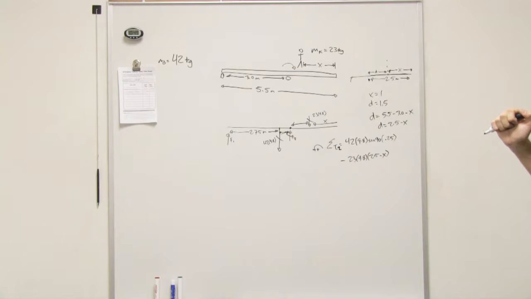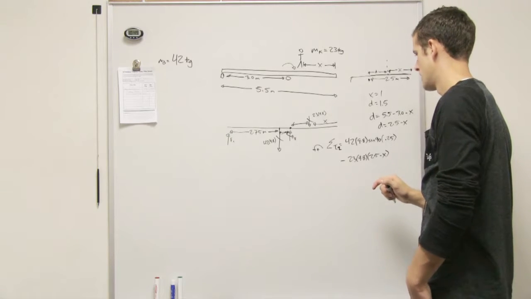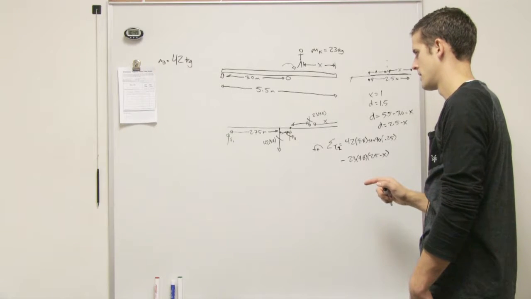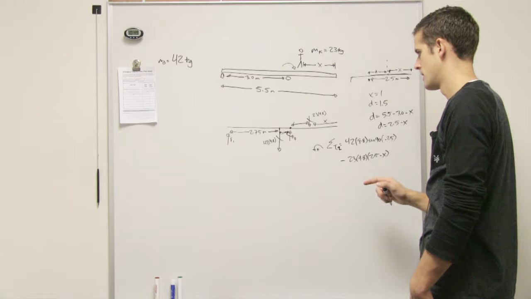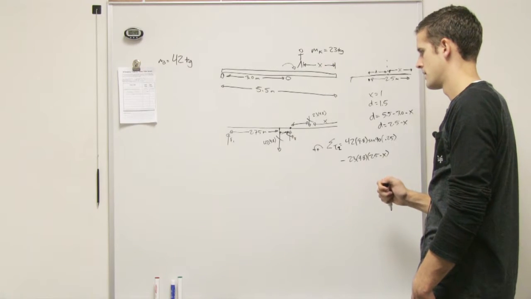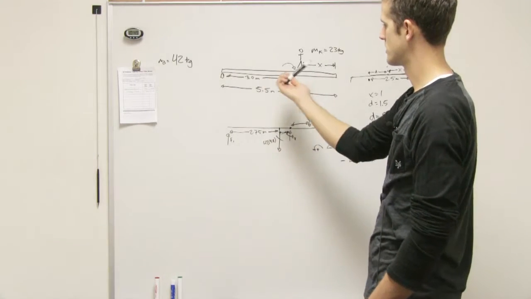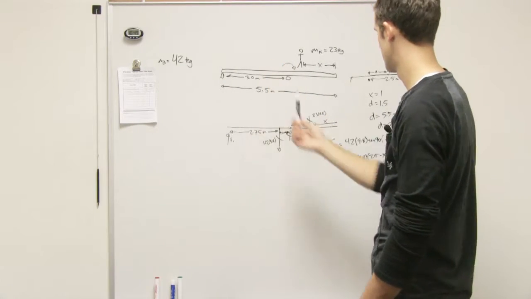We would add it on, plus 42. Oh, let's see. It's positive because it's going counterclockwise. Well, it would cause it to spin this way, so that'd be negative.